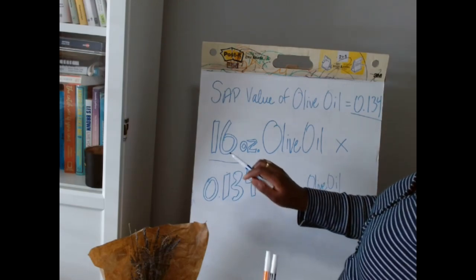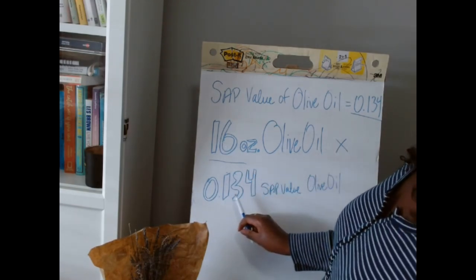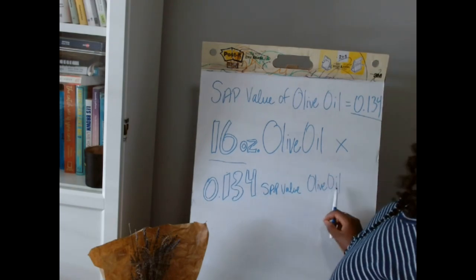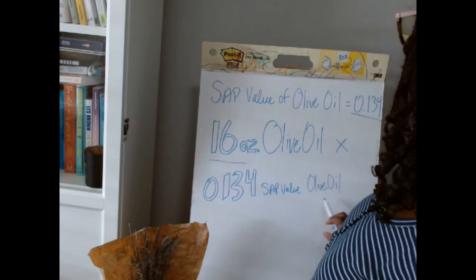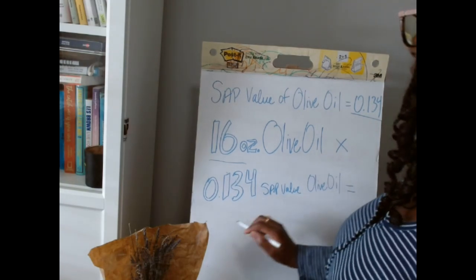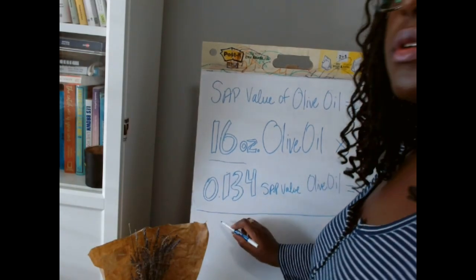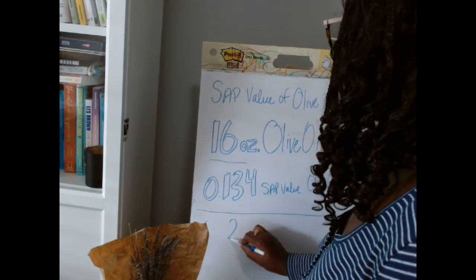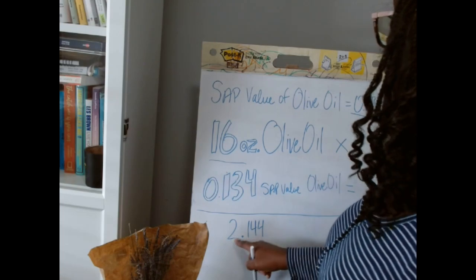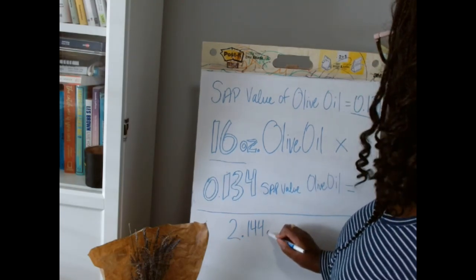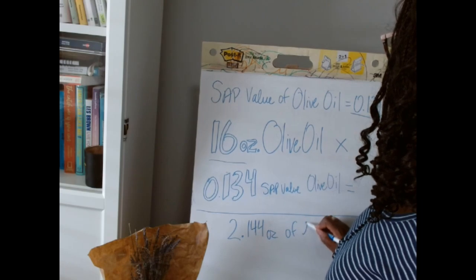All right, so we're going to do 16 ounces of olive oil times 0.134, which is the SAP value, equals 2.144 ounces of lye.